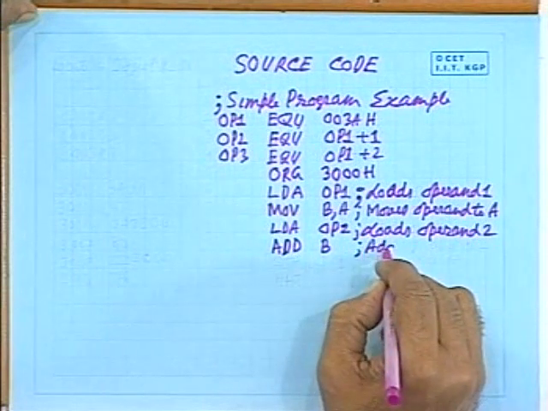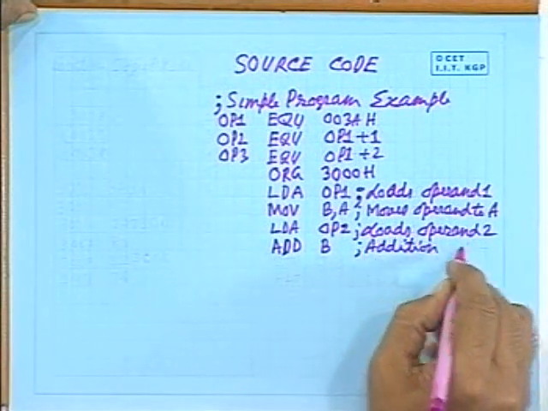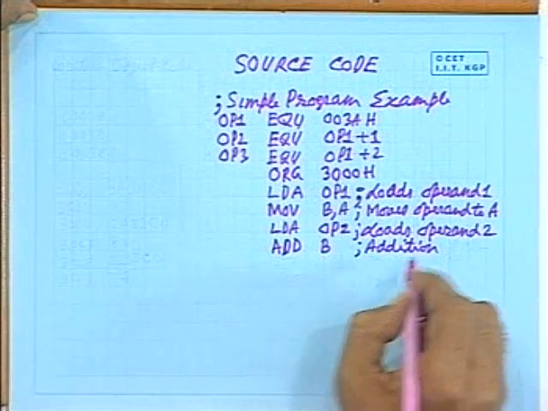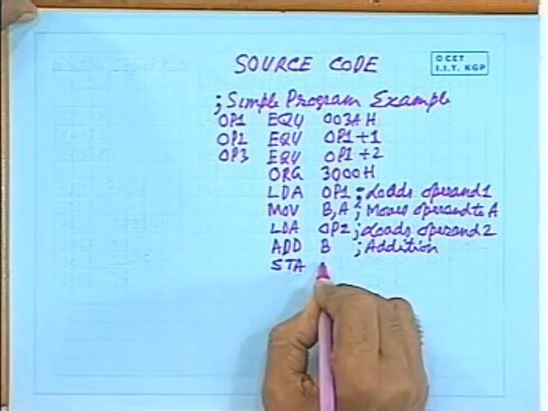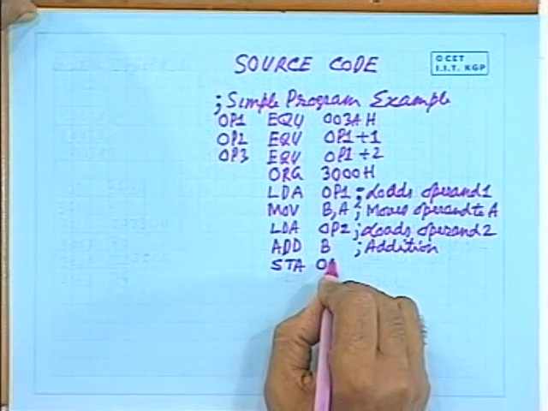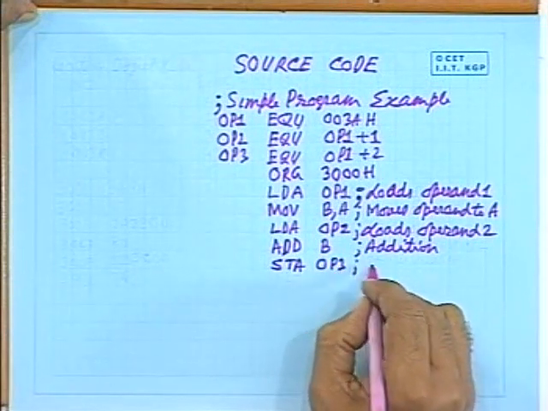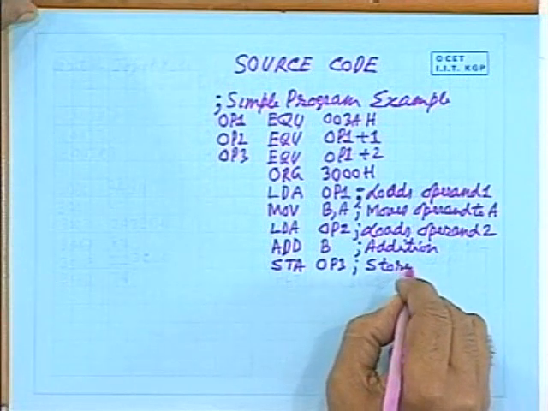You write a comment, addition of the operands. Then you store the result in memory location operand 3.